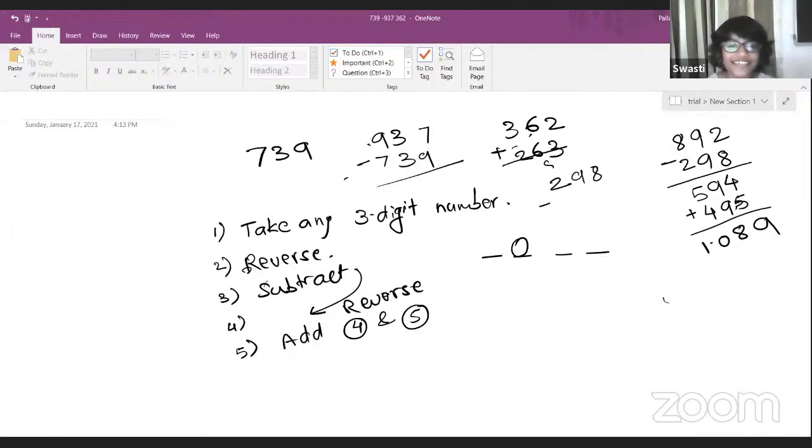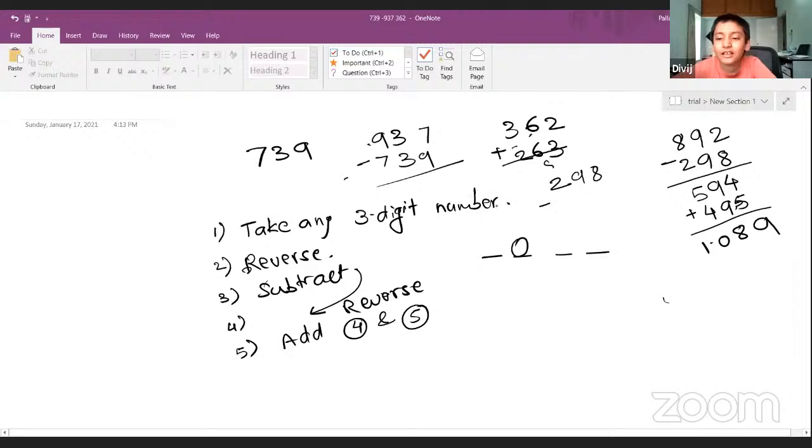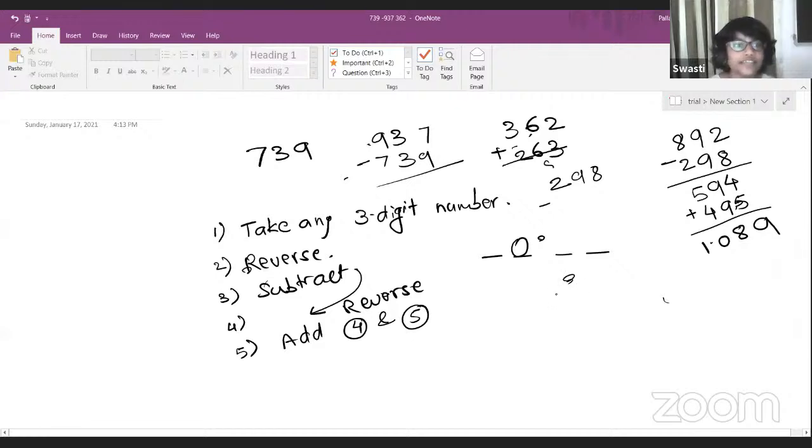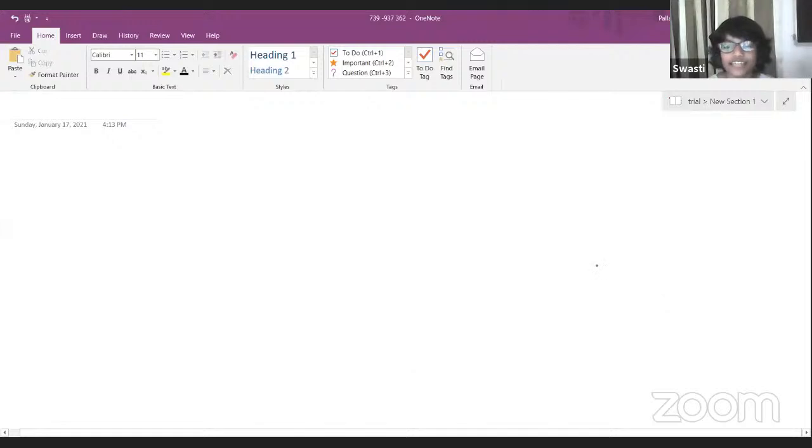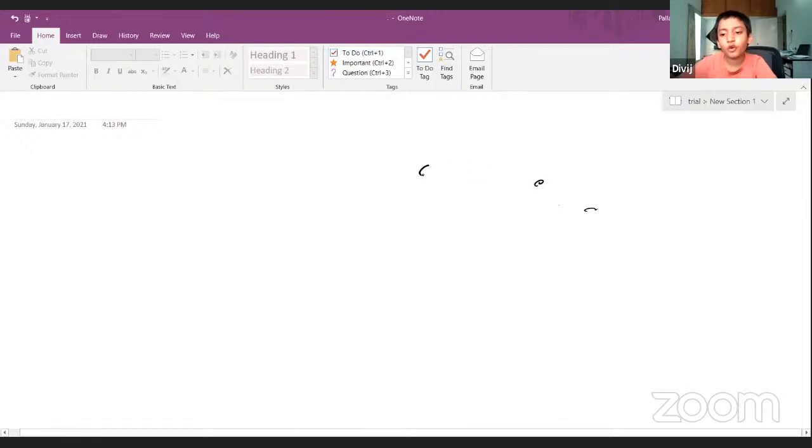Wow! Do you think there is a magic? Yes. Let us try one more 3-digit number. Which number do you want to take? 892. No, we did that, right? Tell me another number. 240. Okay.